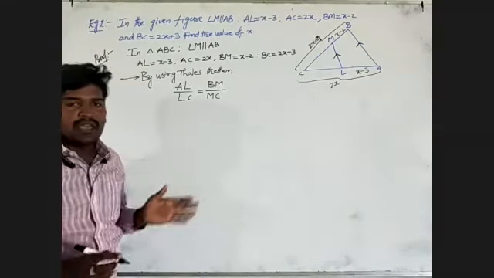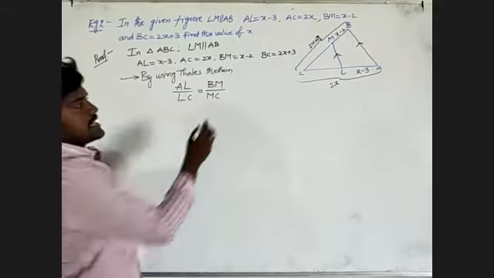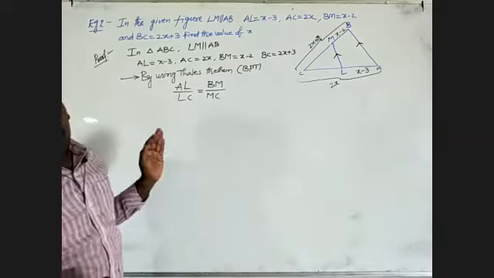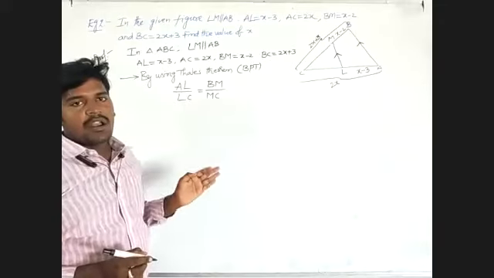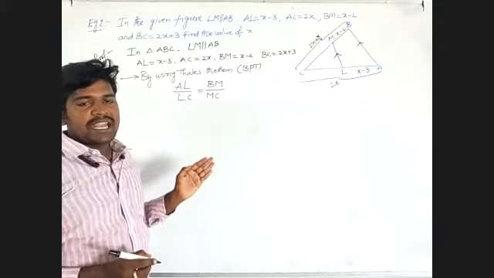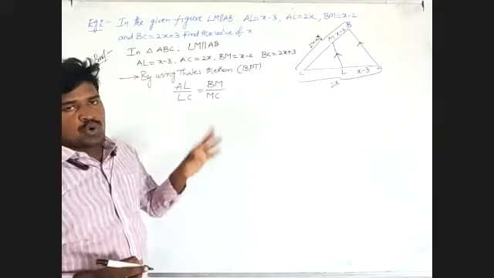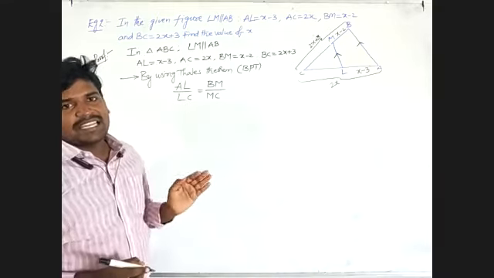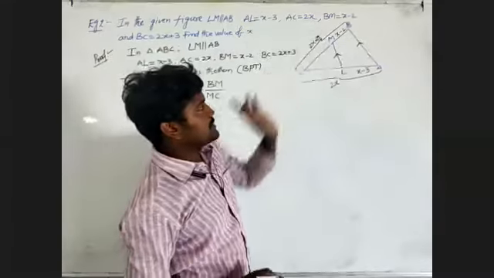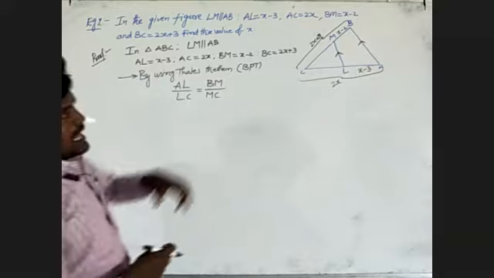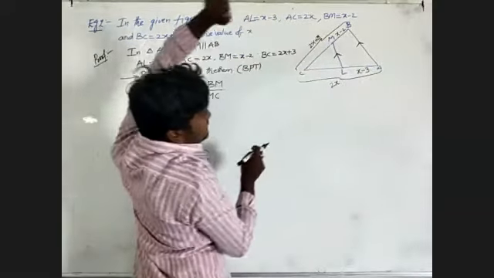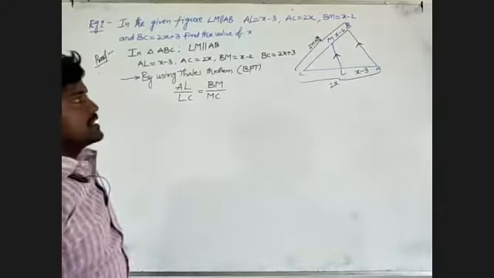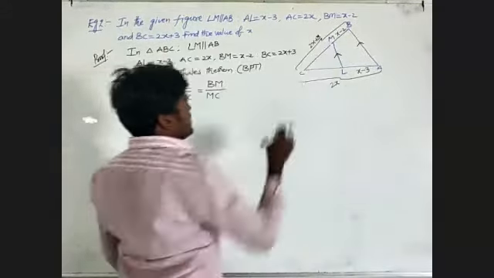What is the statement of the basic proportionality theorem or Thales theorem? Another name for this is BPT, basic proportionality theorem. If a line is drawn parallel to one side of a triangle to intersect the other two sides in distinct points, that is LM, then the other two sides are divided in the same ratio, that I will write as AL by LC equal to BM by MC.